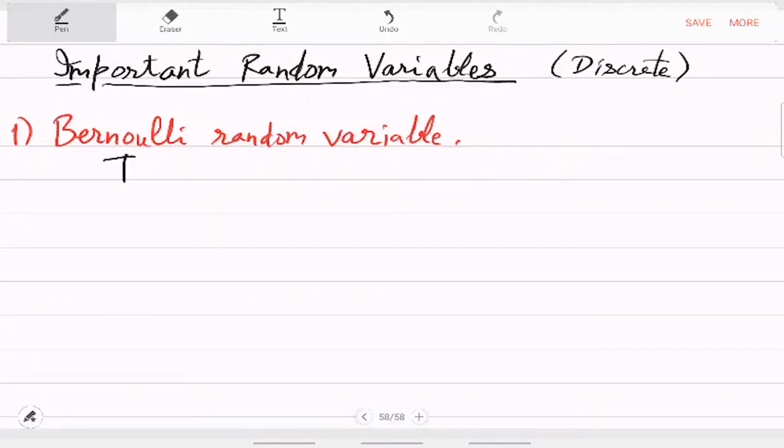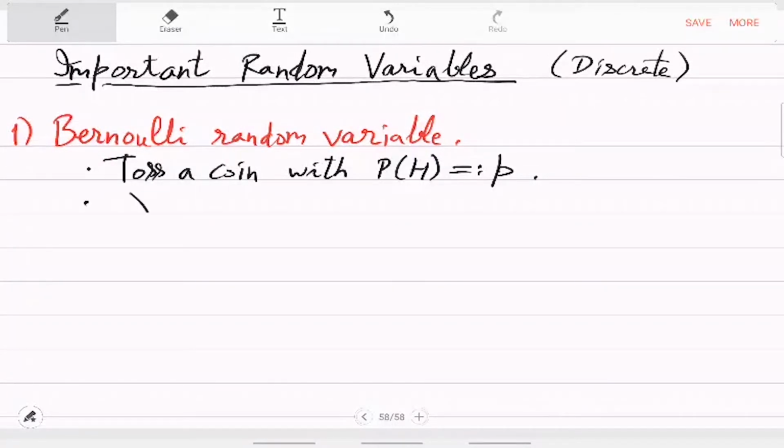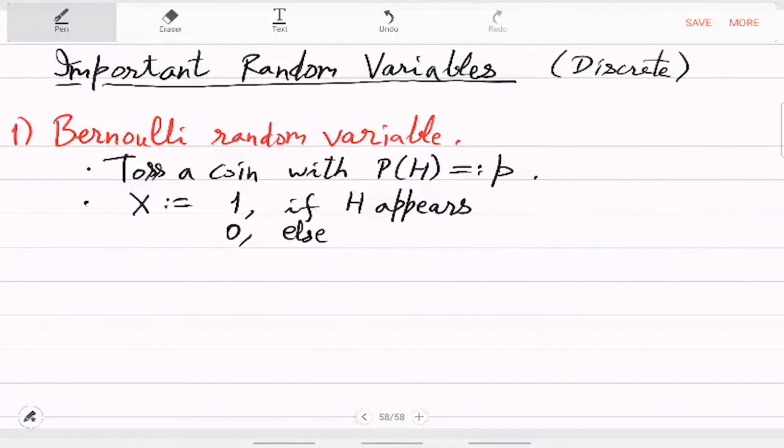This is toss a coin where the probability of getting a head is not half but p. So it is a possibly biased coin, and define the random variable to be 1 if head appears, 0 otherwise.